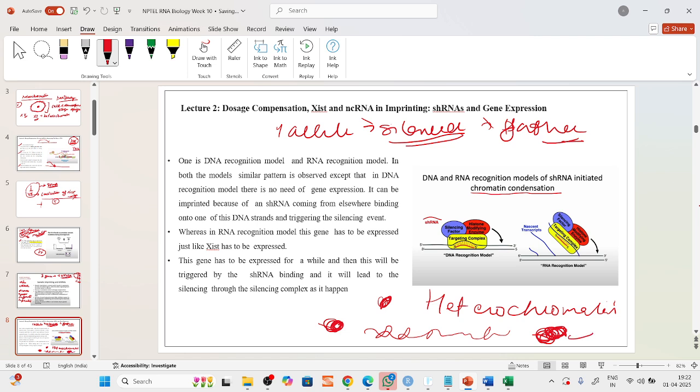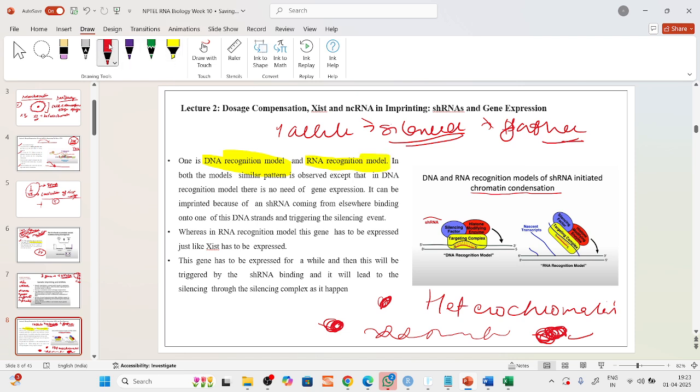That is why heterochromatin is darkly stained. So now this shRNA, which helps in genetic imprinting, does its function by condensing the chromatin. Now for condensing the chromatin, it has two models. One is the DNA recognition model, and the other one is the RNA recognition model.